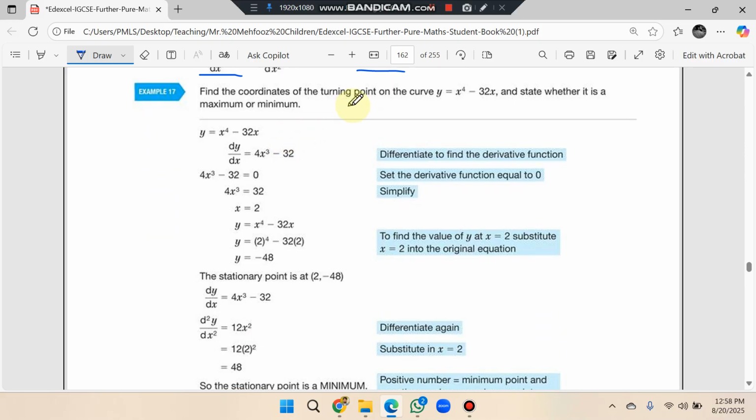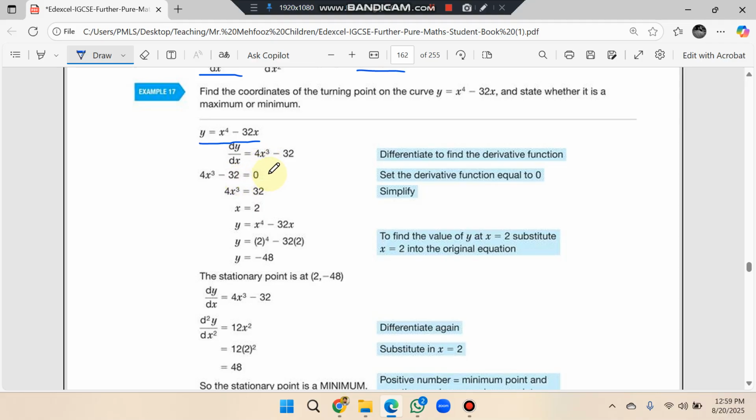Find the coordinates of the turning point on the curve y equals x raised to the power 4 minus 32x, and state whether it is a maximum or minimum. So first of all, we write y equals x^4 minus 32x. Secondly, we find the derivative, dy by dx, that is 4x cubed minus 32.